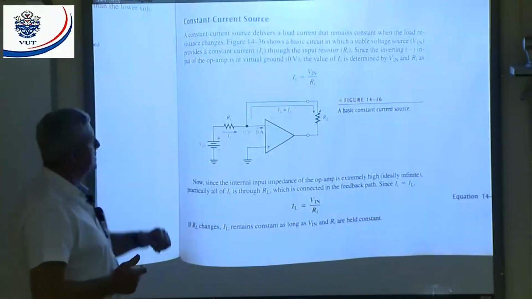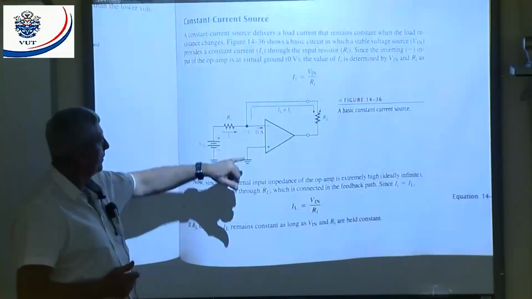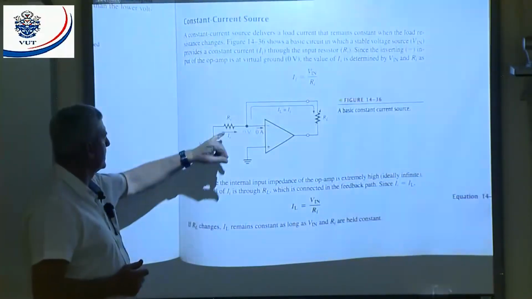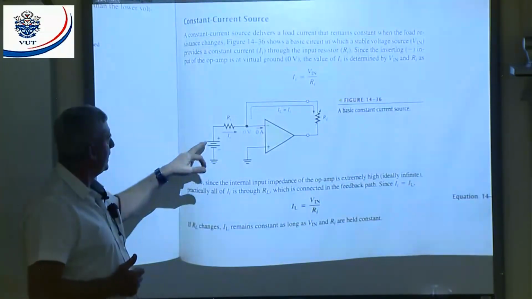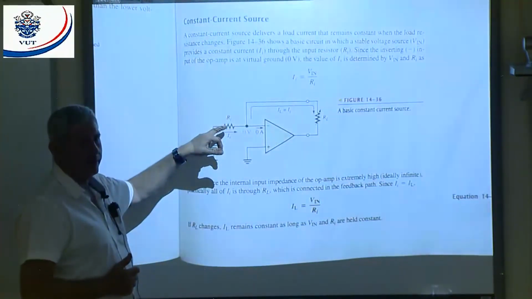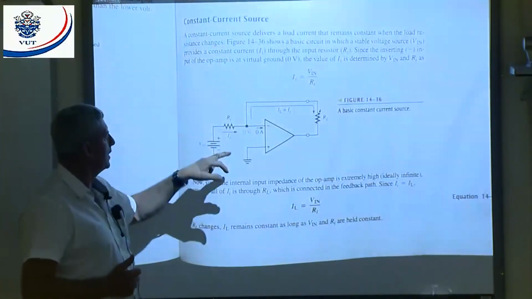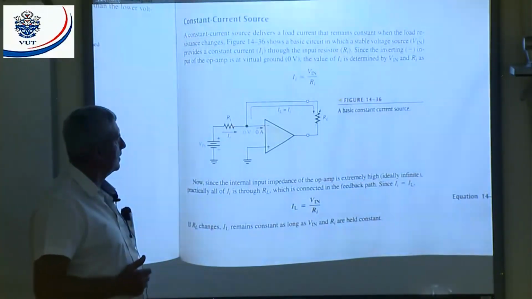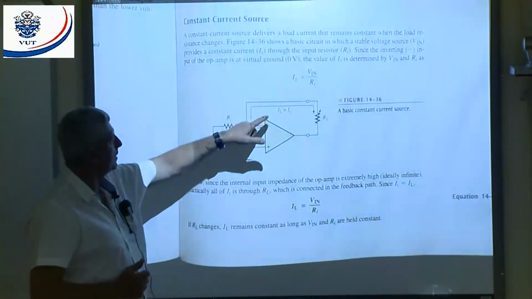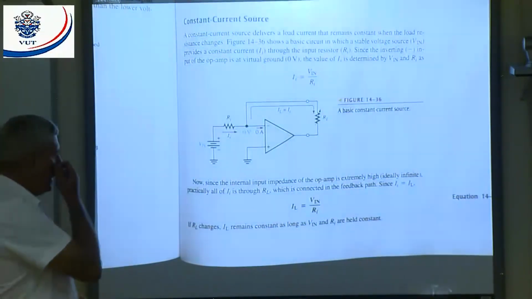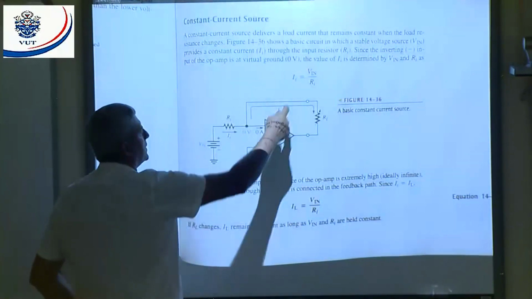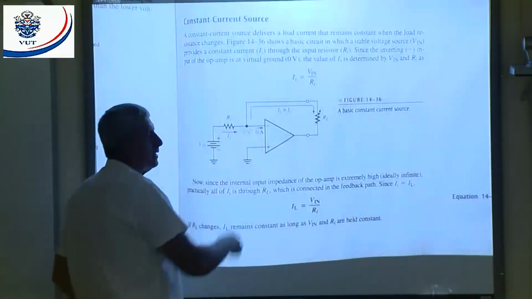Now, how does this circuit work? We know that point is at virtual earth. That means this I in will be determined by what? V in divided by R in. All right. V in divided by R in will give me I in. But what can I say about I in and IL? They're going to be equal. That means if I put a short circuit here, that current and that current will be the same.